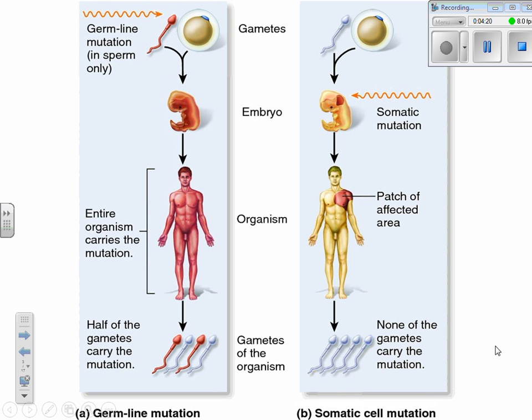And it's much easier to pass on. The other option on the right-hand side there, you've got somatic mutation. Now, the impression given there is that it's a mutation that occurs in an embryo. It doesn't have to be an embryo. It could happen in a fully grown individual. You can get a mutation occurring, but only cells that arise from the one that's been mutated will carry the mutation.